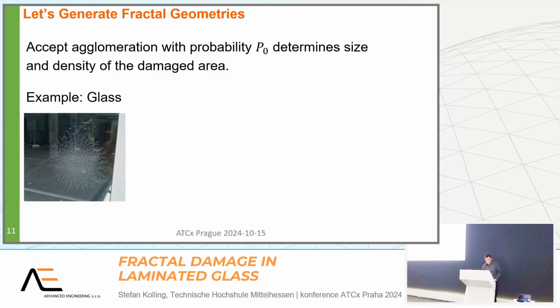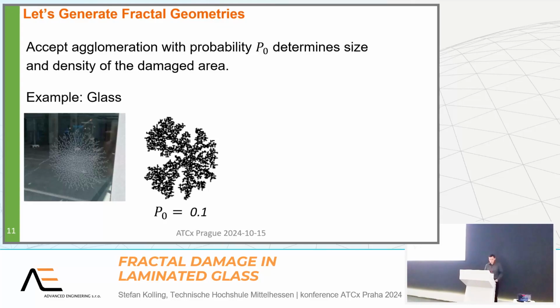This is a glass plate, an architectural glass, and you see here a structure which is very similar to that what we can simulate with this DLA. So here, for example, with a probability of 0.1, we achieved this one, which is, okay, we need some more particles, but it is very close to what we see in real world.